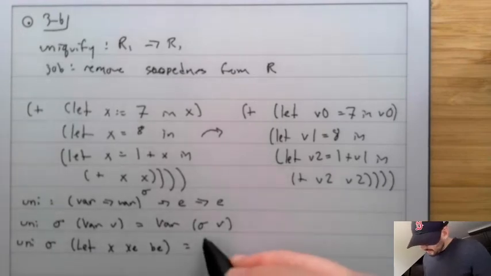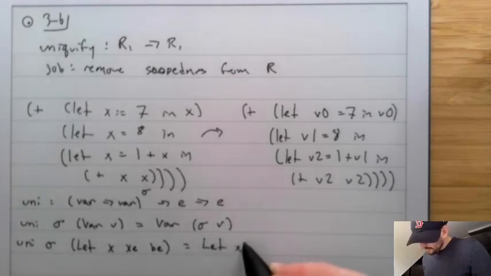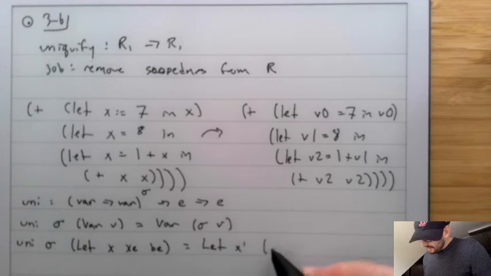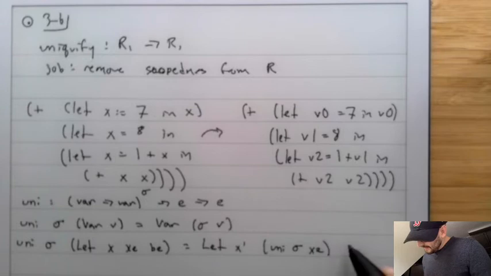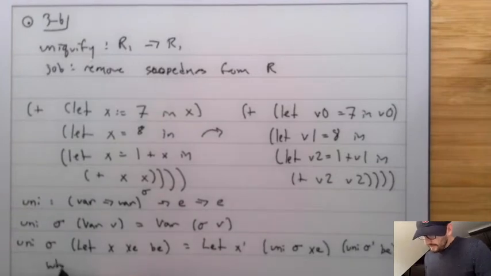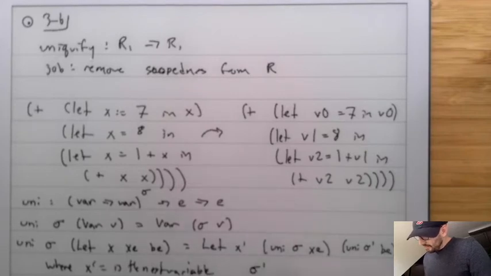Well, it's going to equal let x prime, and then we're going to call uni on row of xe, and we're going to call uni on row prime of be, where x prime is the next variable, and row prime is equal to the original row with a mapping from x to x prime.